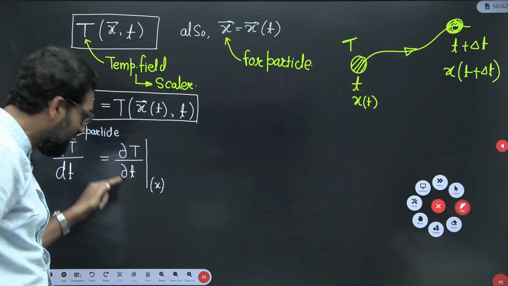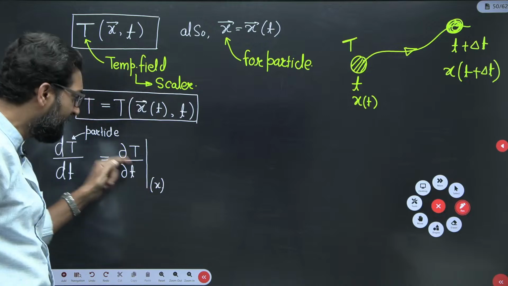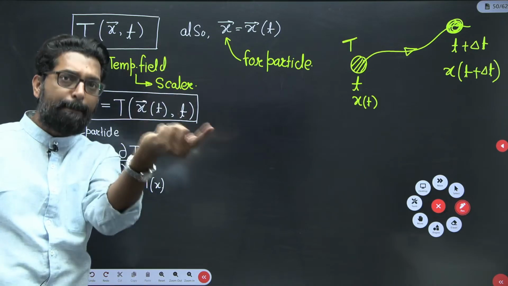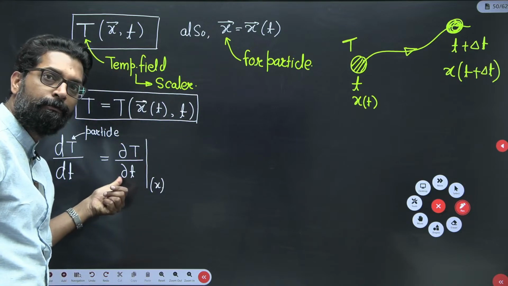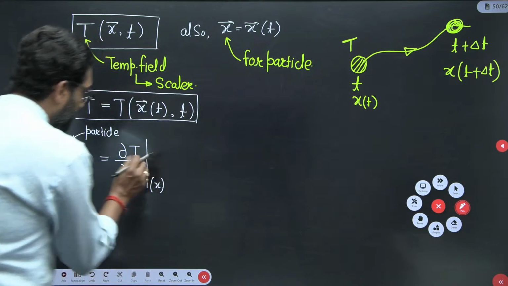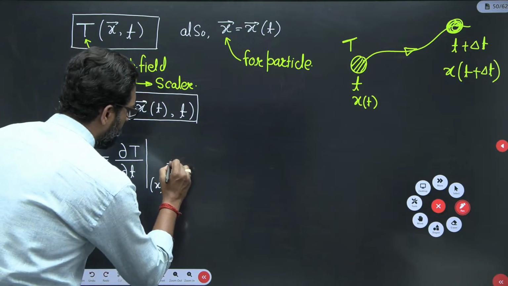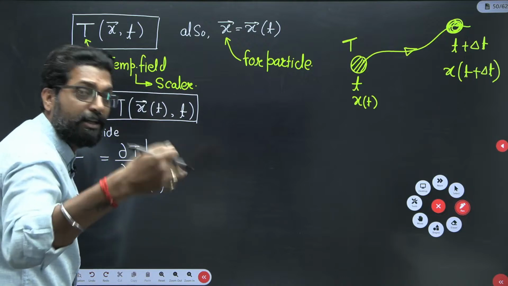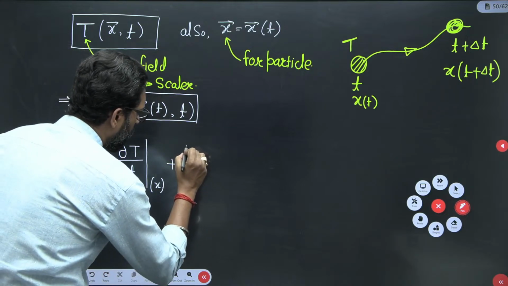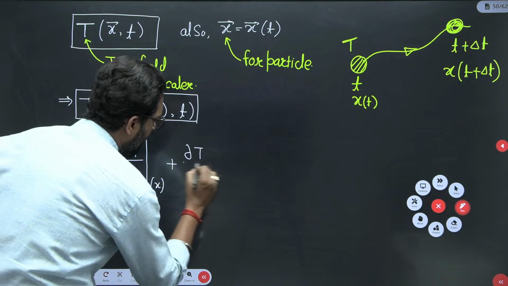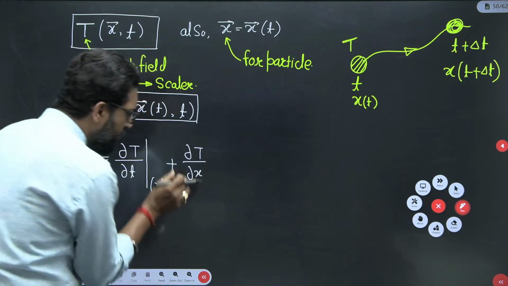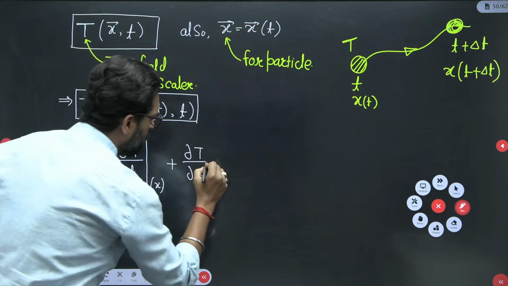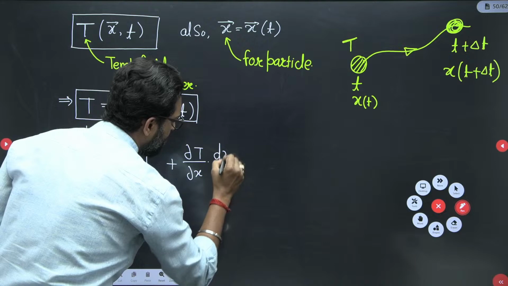Essentially, this is your Lagrangian. Why? Because we fix the position, we fix the control volume and see what is happening within it with respect to time. Now plus, the temperature is also varying with the position x. And x is only a function of time, so this is dx by dt.